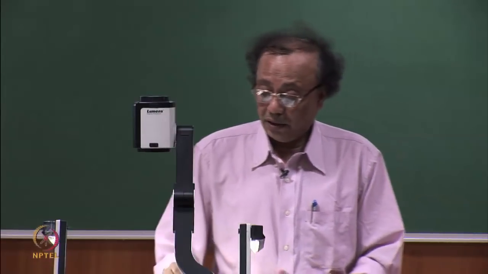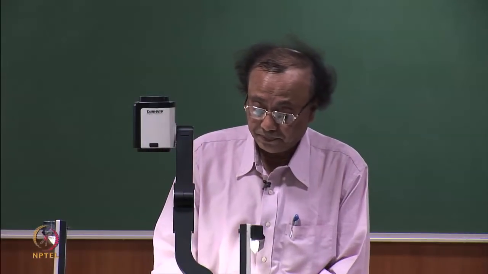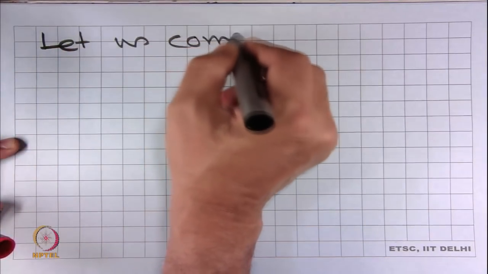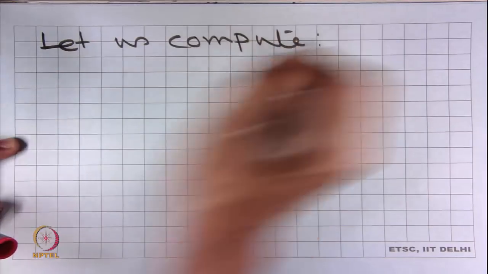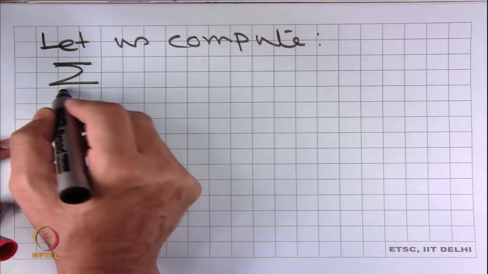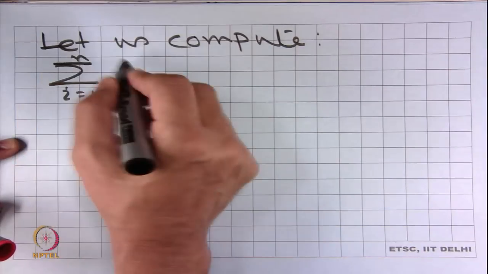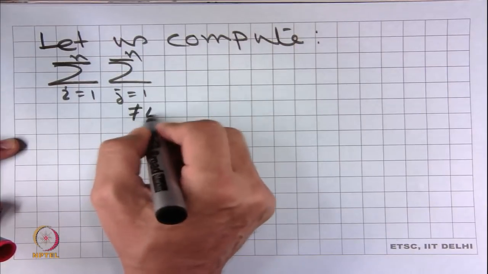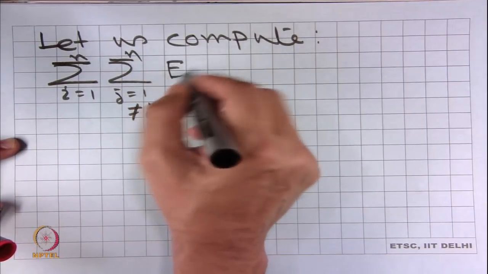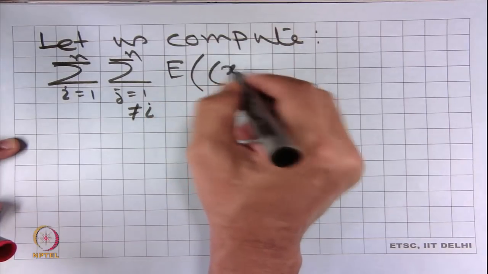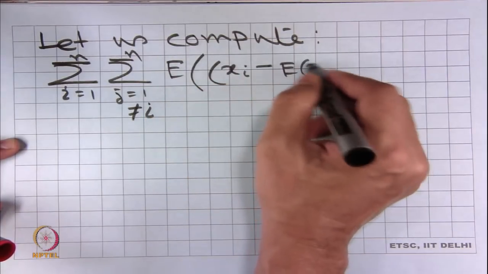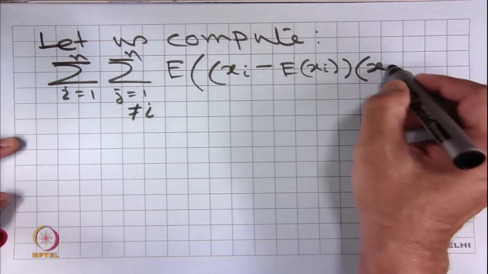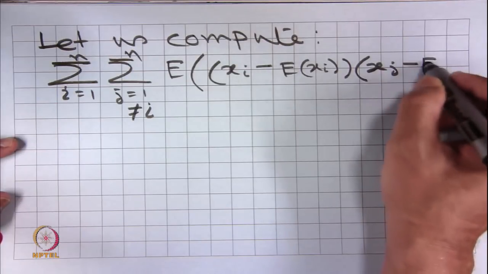Therefore, now our target is to compute sigma over i equals 1 to n, sigma over j equals 1 to n, j not equal to i, expected value of x i minus expected value of x i into x j minus expected value of x j.